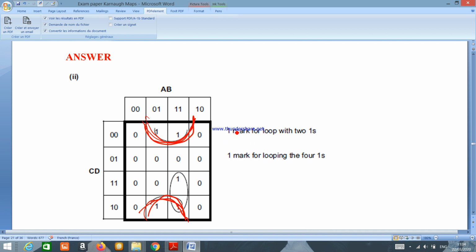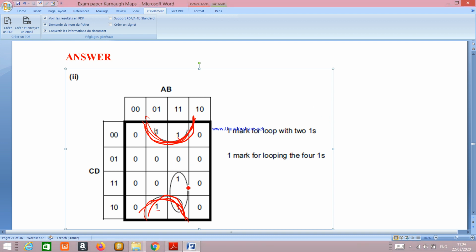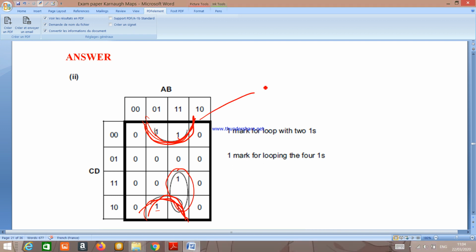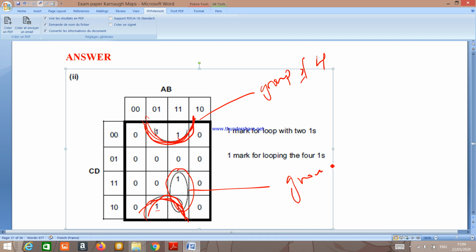So if we fold it in a vertical way, these 2 and these 2 will form one group. Next we can have another group of 2. So we have 2 groups, one group of 4, and another one is a group of 2 terms.